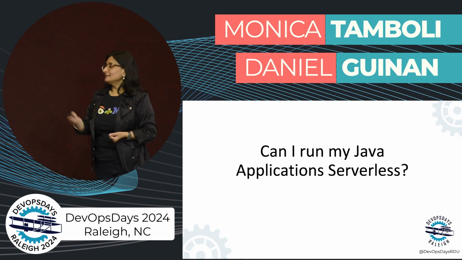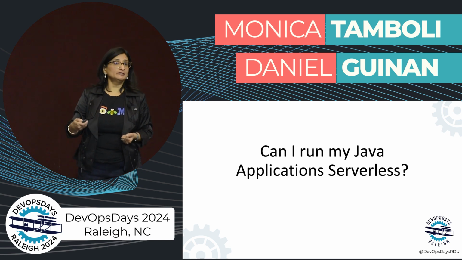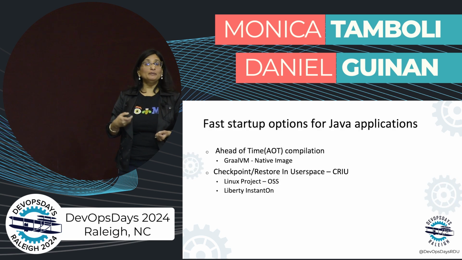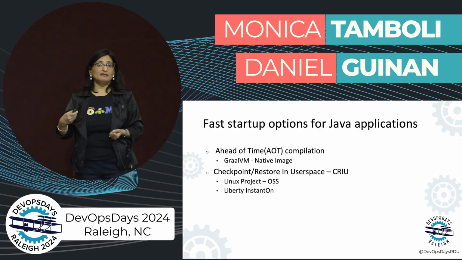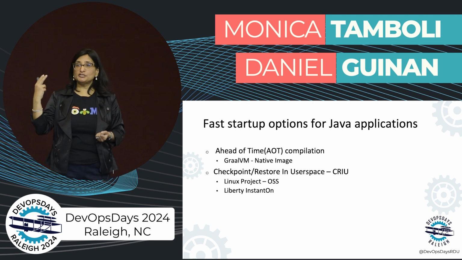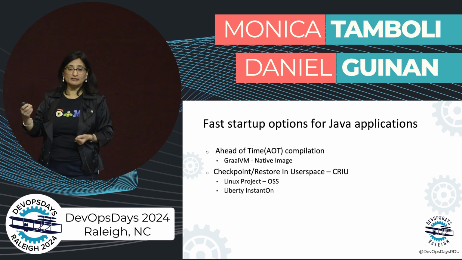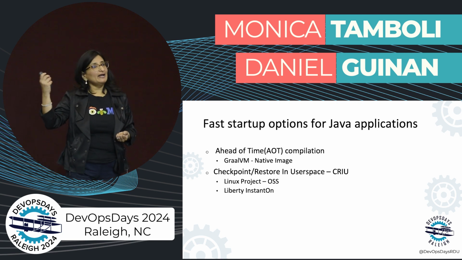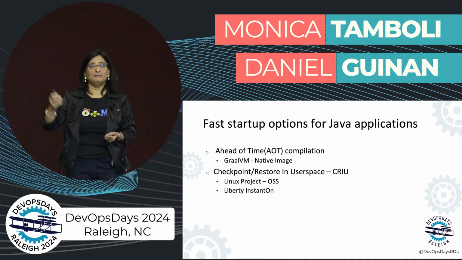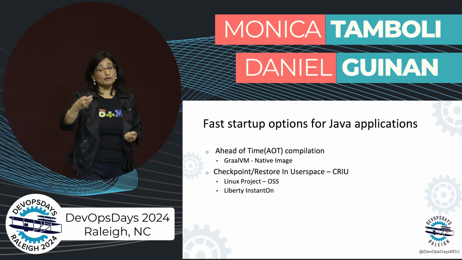Yes. So to answer this question, over time, there have been new improvements to Java which make it relevant for Java applications to be started quickly. And we are going to talk about two such technologies. One is ahead of time compilation, GraalVM. Has anyone heard about Graal? Okay, a few people. So GraalVM makes use of AOT.